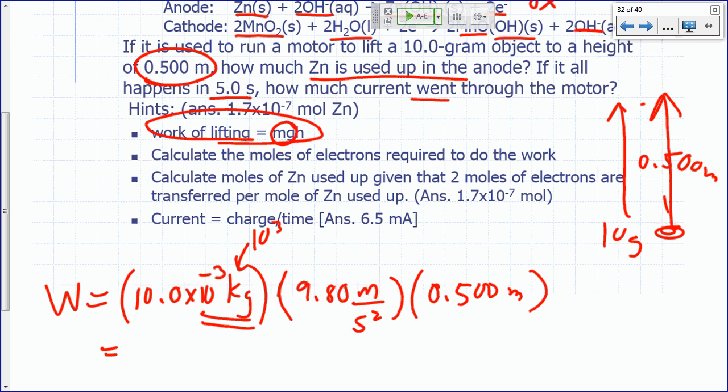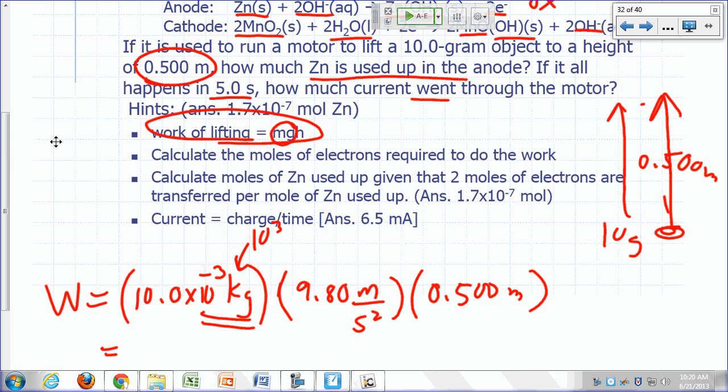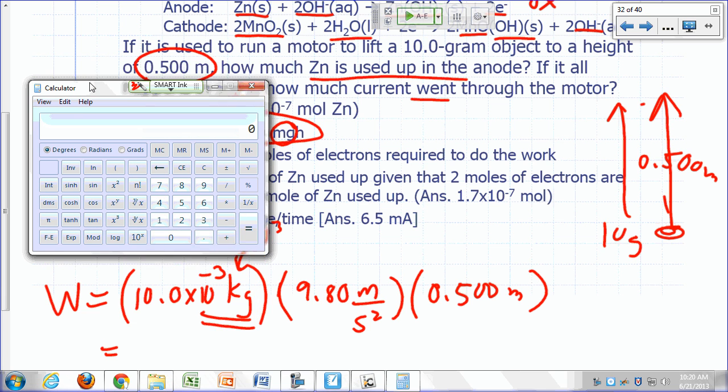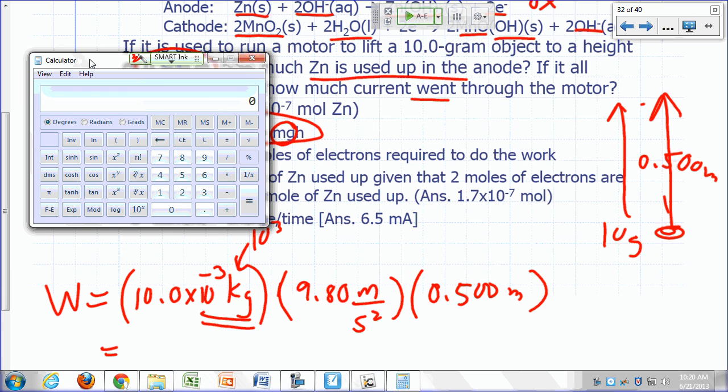How much work would that be? 10 times 10 to the negative 3 is 0.01.